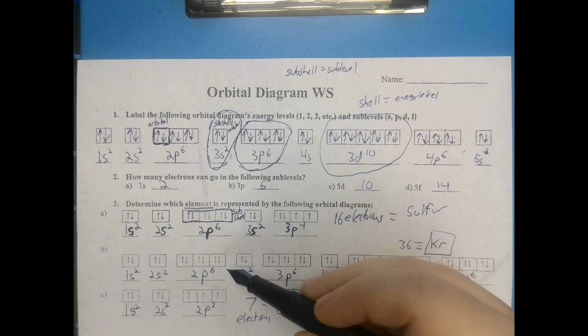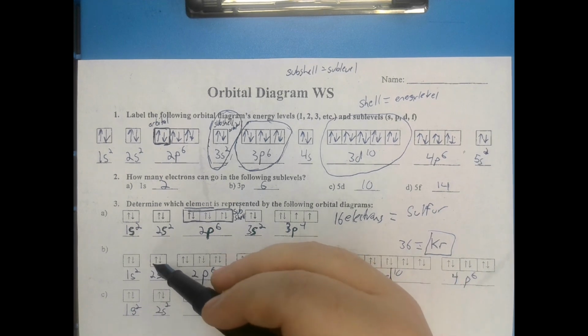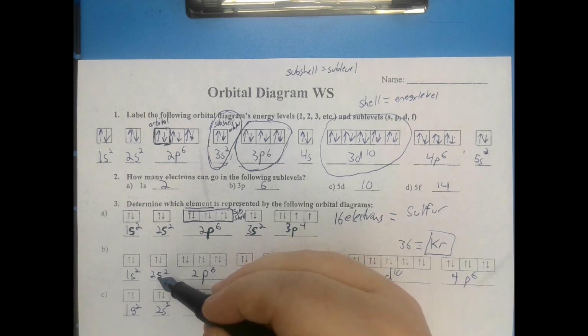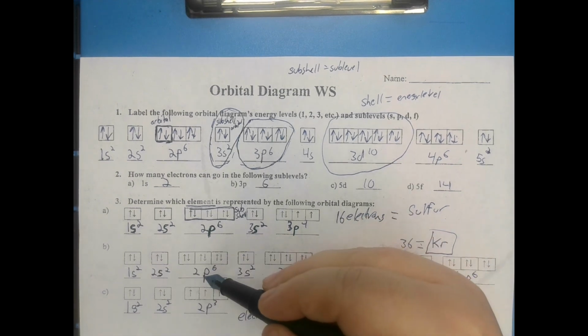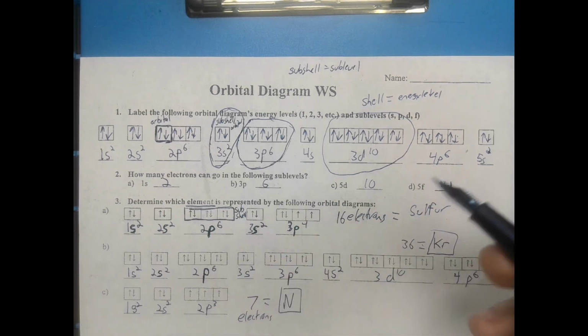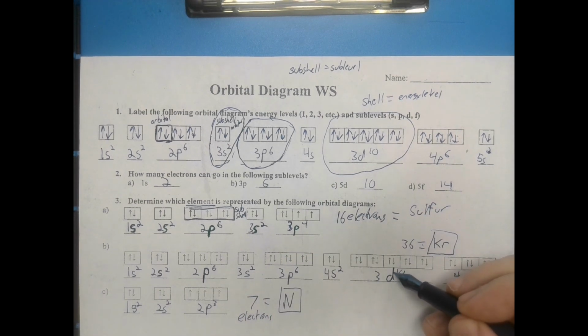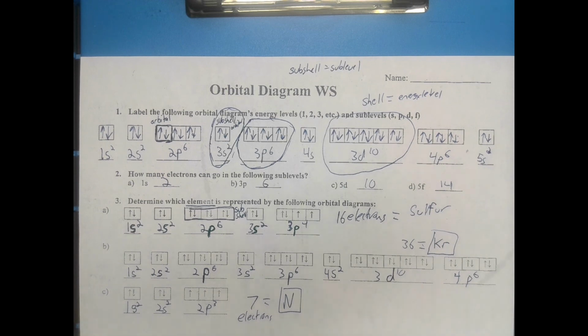So, for example, the sublevel S can only have 2, sublevel P can have 6, sublevel D can have 10, and 14 for F.